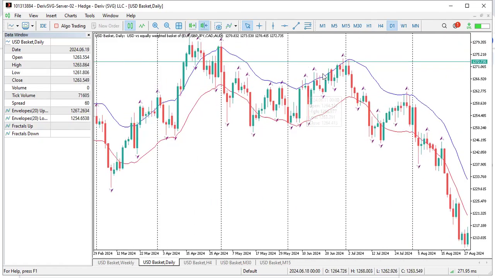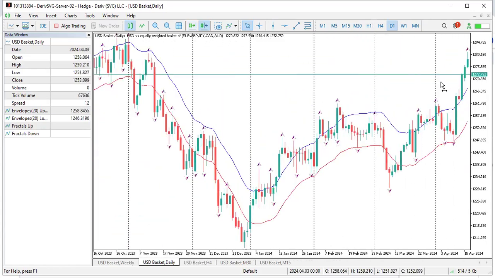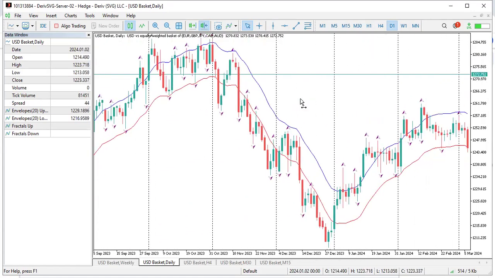So during this phase, you could have been having opportunities to buy, sell, buy, sell, buy, sell, and we are moving on. So if you play around with it, you could see how that would have worked.